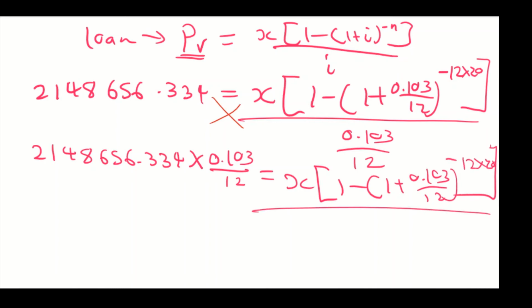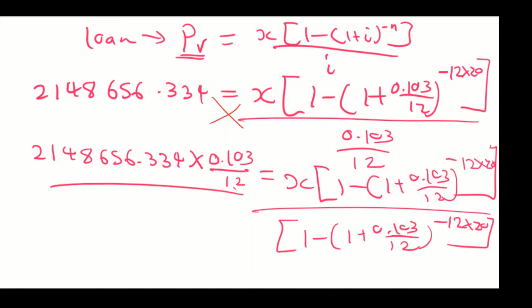And we're going to divide by this expression of 1 minus 1 plus 0.103 over 12 to the power of minus 12 times 20, and also divide it here.